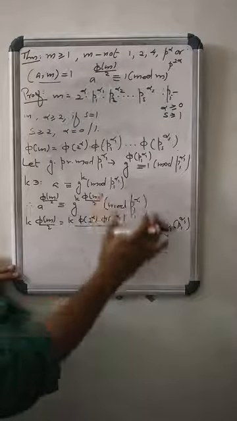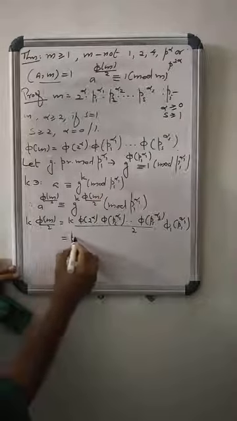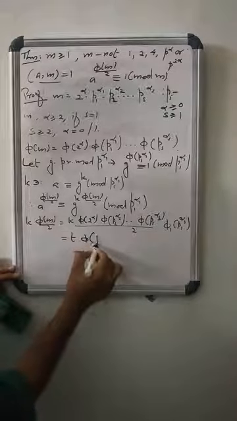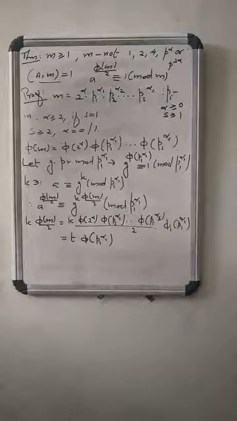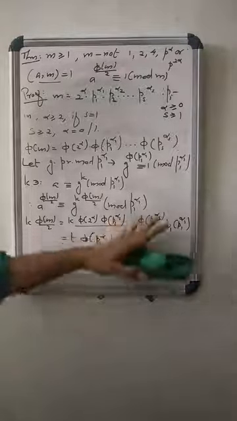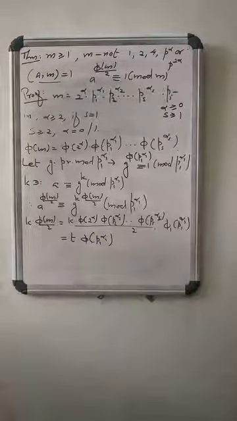So what about this one? This is some t. So it is t into phi of p1 power alpha 1, where t equals k into phi of 2 power alpha into phi of p2 power alpha 2 into etc. phi of ps power alpha s by 2. Clear?